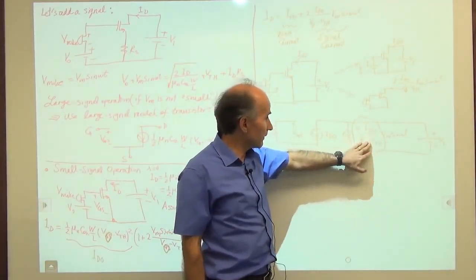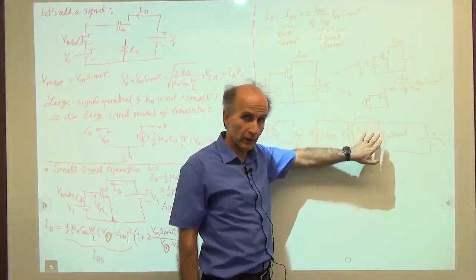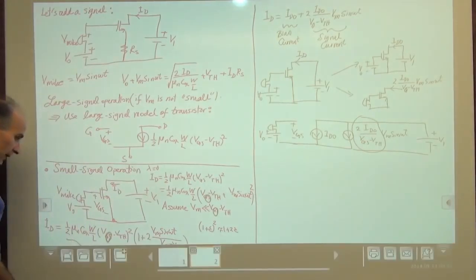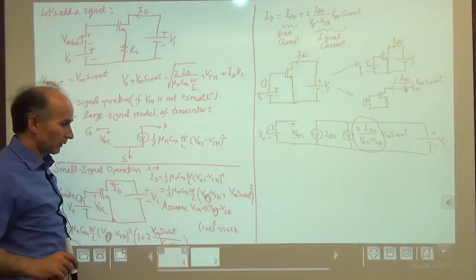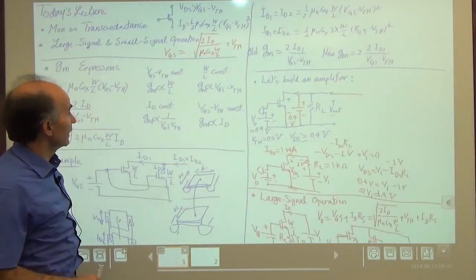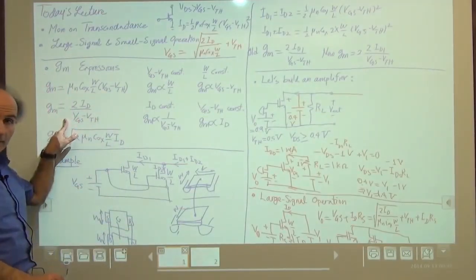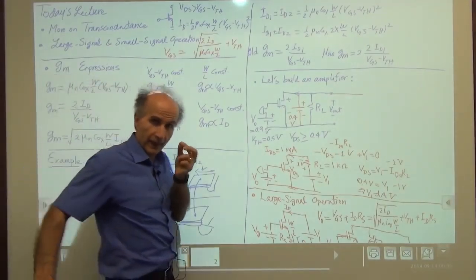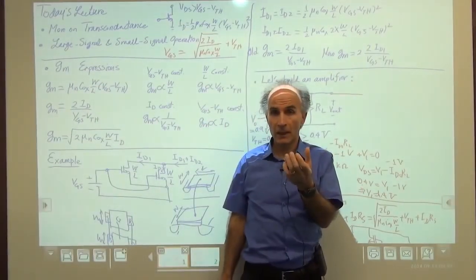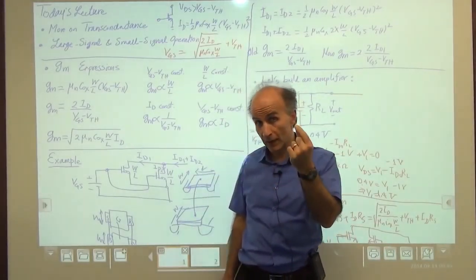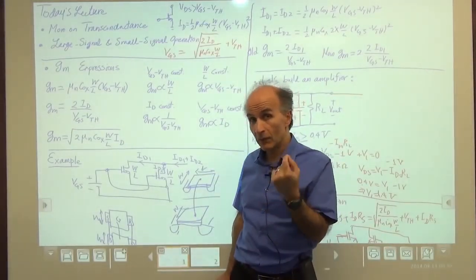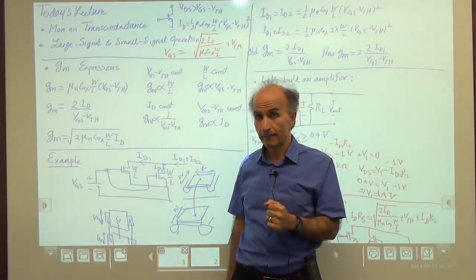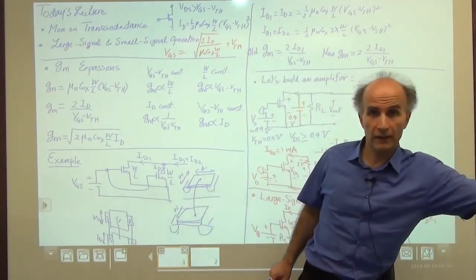So, and it looks familiar. Twice the drain current divided by the overdrive. What is that? Well, if we rewind and look what we obtained before, we see that it is the transconductance of the device. That's not surprising. The transconductance device says, if you give me a voltage change of delta V between the gate and source, I will give you a current change equal to Gm times delta V. Right? That is the definition of transconductance.